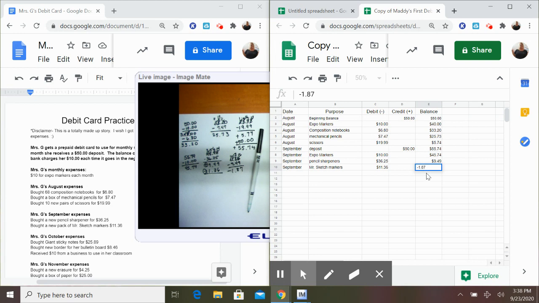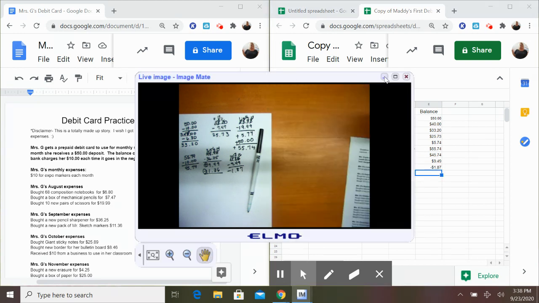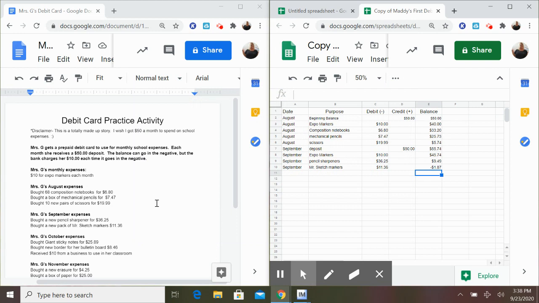All right. Now I remember from my directions over here that each time I go in the negative, that means my bank's going to charge me $10 more. So I'm going to put bank fee, and it is $10.